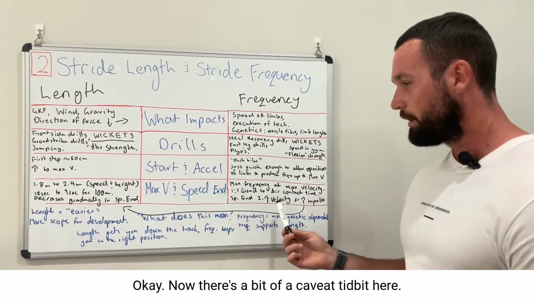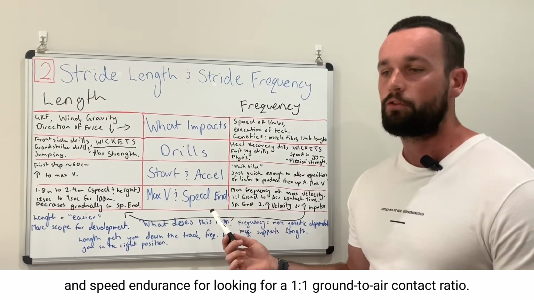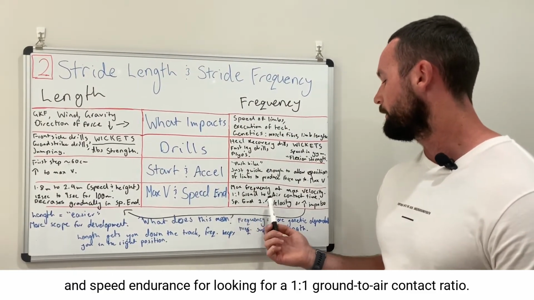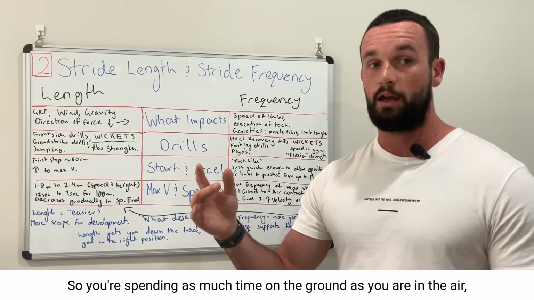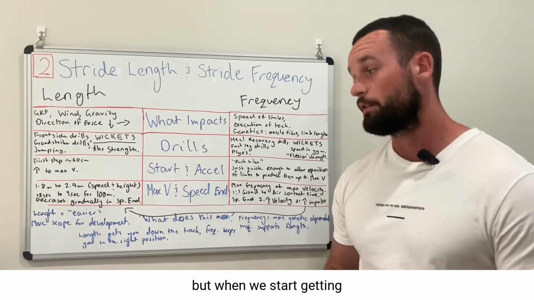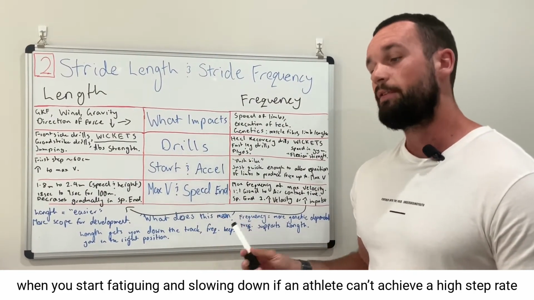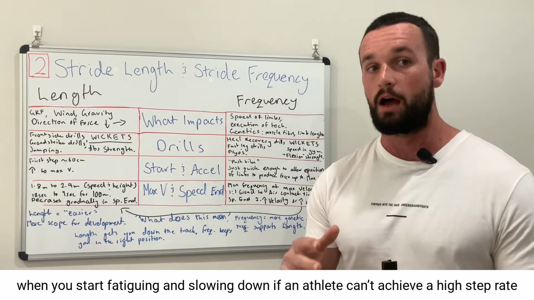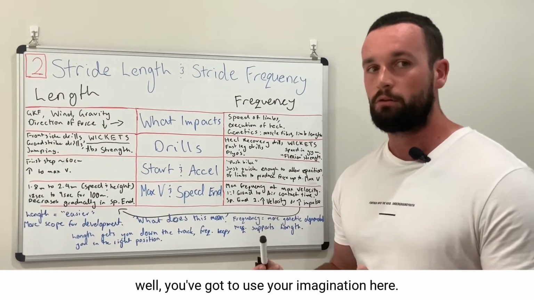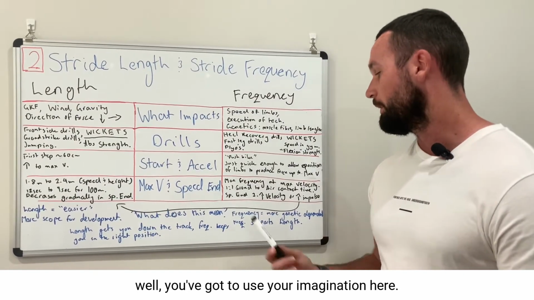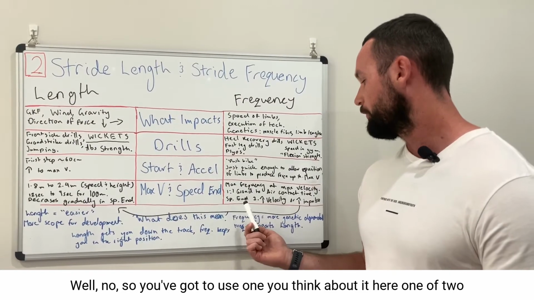Now there's a bit of a caveat tidbit here. When we get to max velocity and speed endurance, we're looking for a 1-to-1 ground to air contact ratio. So you're spending as much time on the ground as you are in the air. But when you start fatiguing and slowing down, if an athlete can't achieve a high step rate or maintain that high frequency rate, well, you've got to think about it here. One of two things can happen.